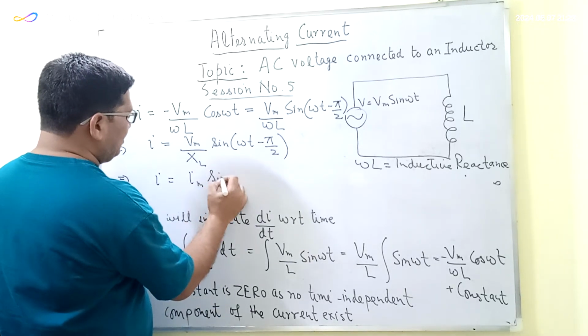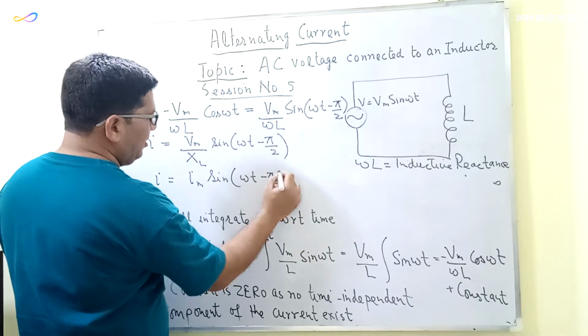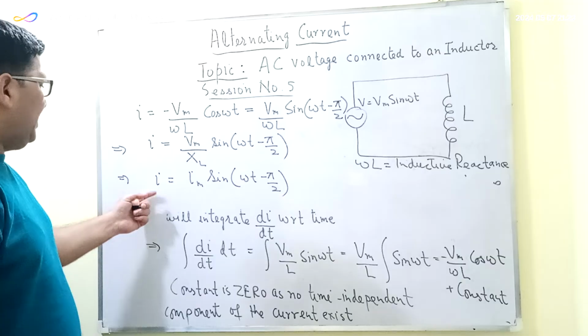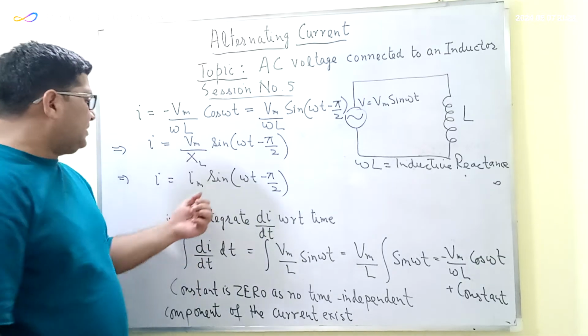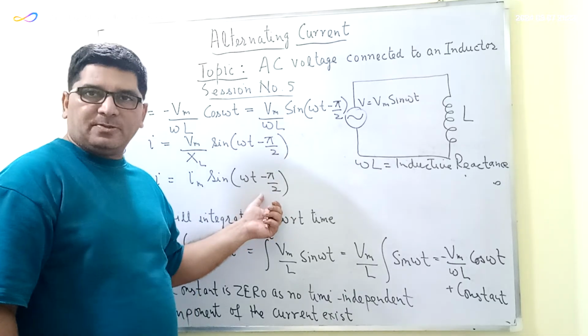So I = Im sin(ωt − π/2). From here we can see that the current is lagging the voltage by π/2.